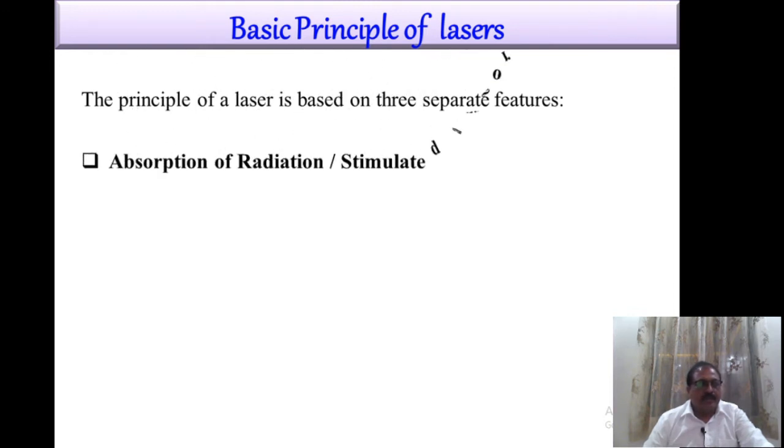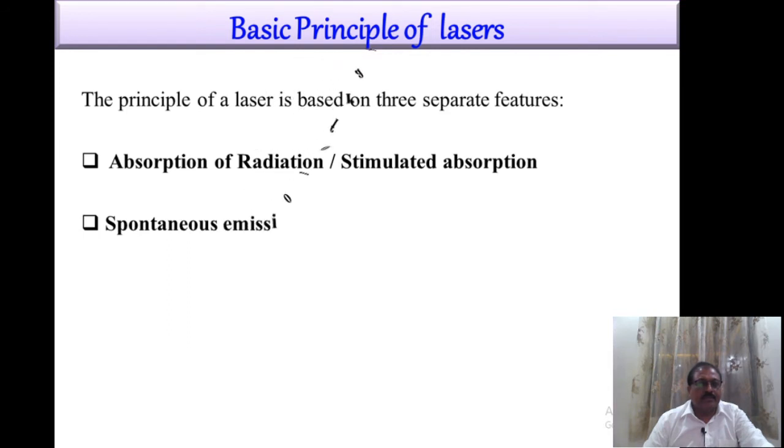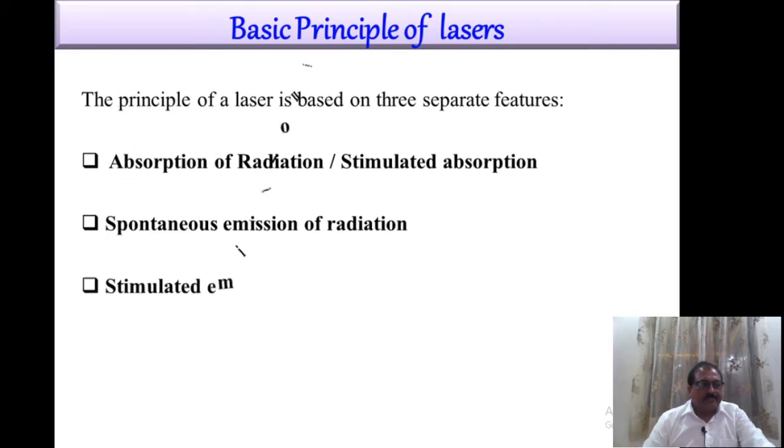The second one is spontaneous emission of radiation. And the third basic process is stimulated emission of radiation. One by one we will study in detail the basic principles of lasers.